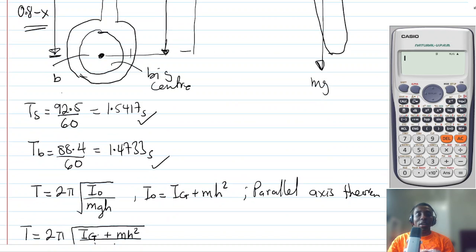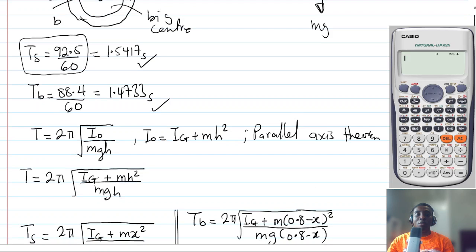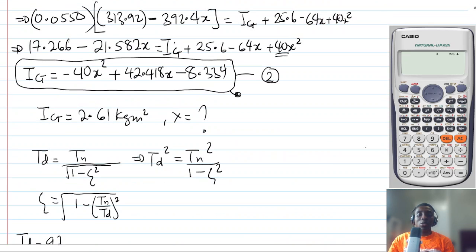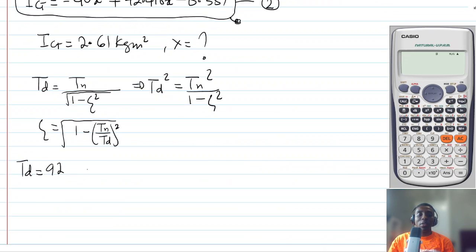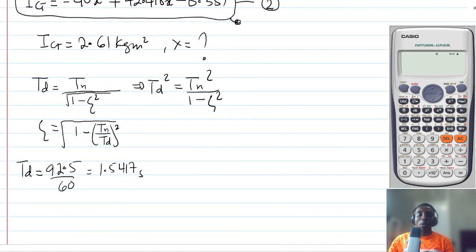So the 92.5 here is actually the damped period, which is 1.5417 seconds. So we have that one already.